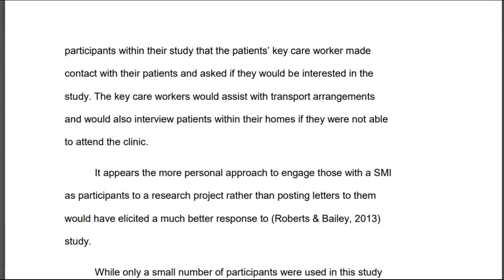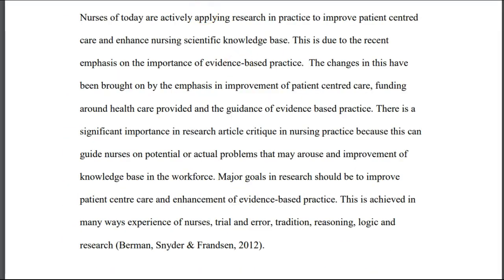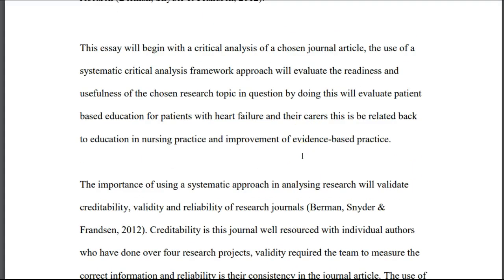signposting within paragraphs. Let's look at the next example. So this one again, as a general introduction, says this will begin with a critical analysis of the chosen journal article, the use of blah blah blah blah blah. So this is the signposting, and then it says, and we relate it back to improvement of evidence-based practice.